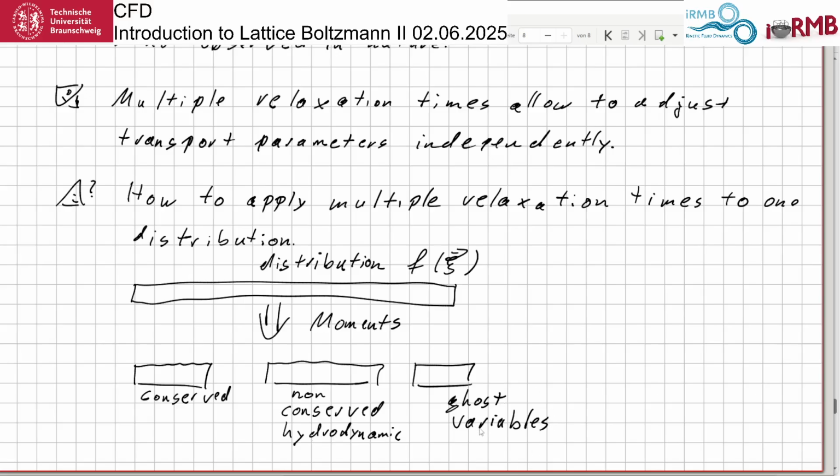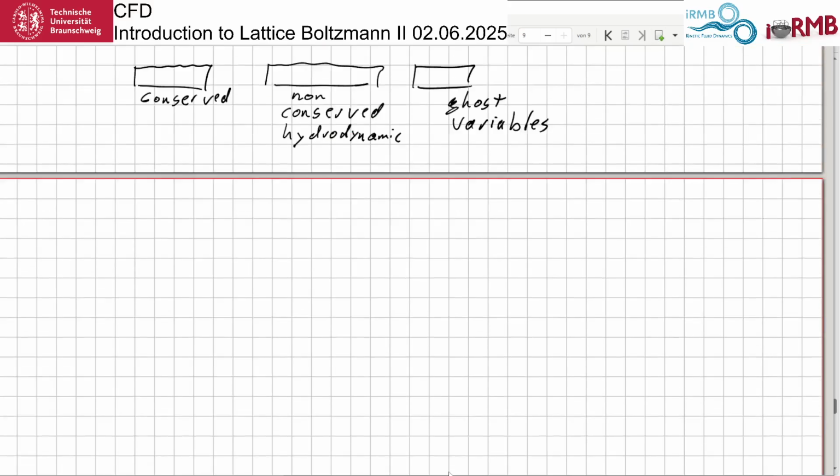And here, inside the ghost moments is, so to speak, everything else. Okay. What does conserved mean? So conserved means that pre and post collision is the same.